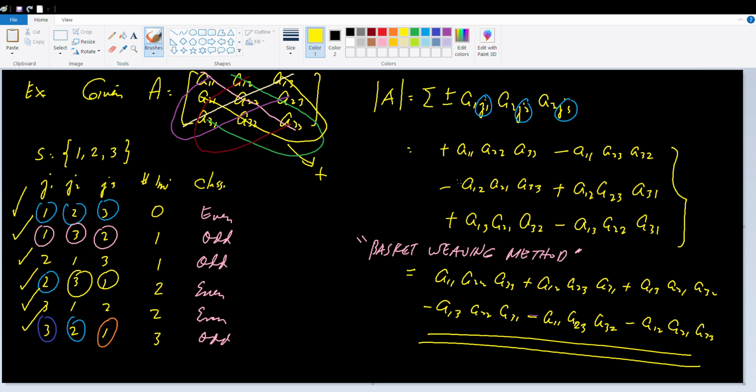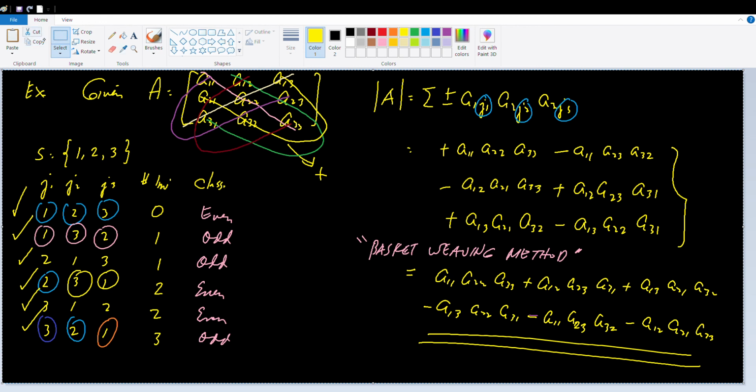Okay? So from here on, if you are to get the determinant of a 3 by 3, you need not list down all the elements. You can just multiply the elements along the diagonals, and that will give you the determinant.